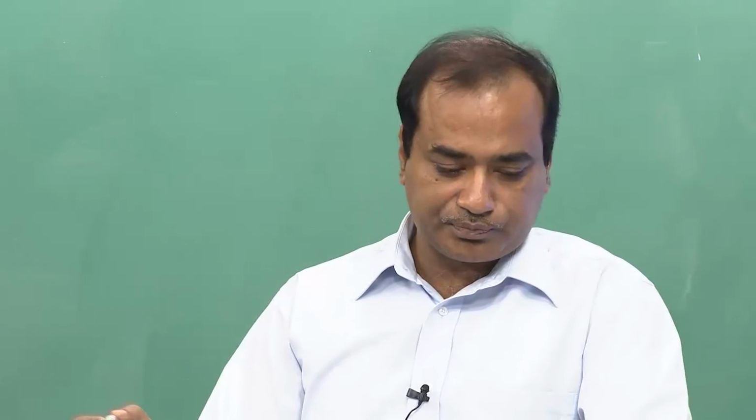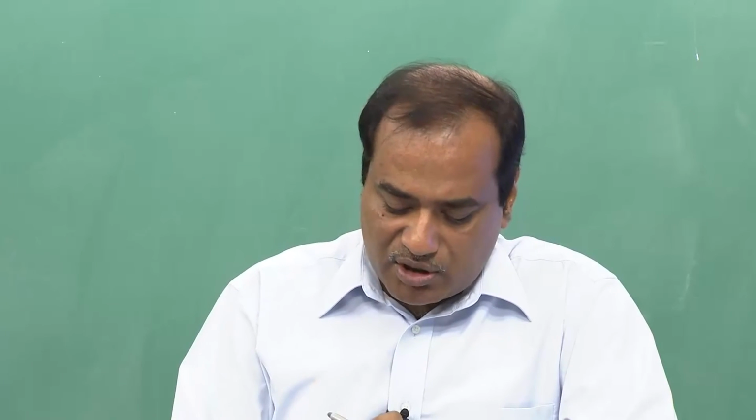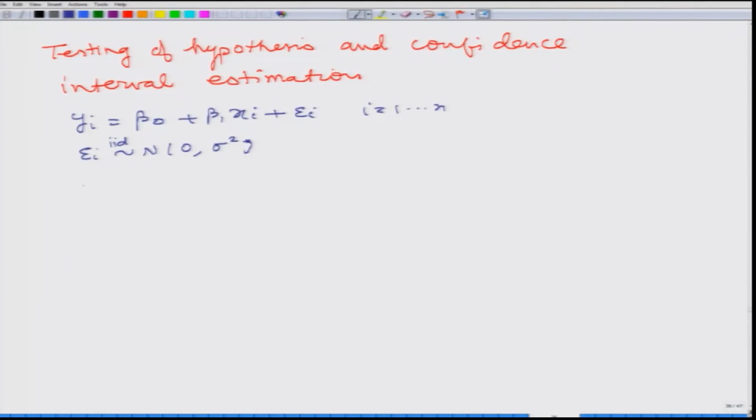Okay. So, now in this model setup, we have two types of possibilities. One case is that we assume that sigma square is known to us, and another possibility is that we assume that sigma square is unknown to us.